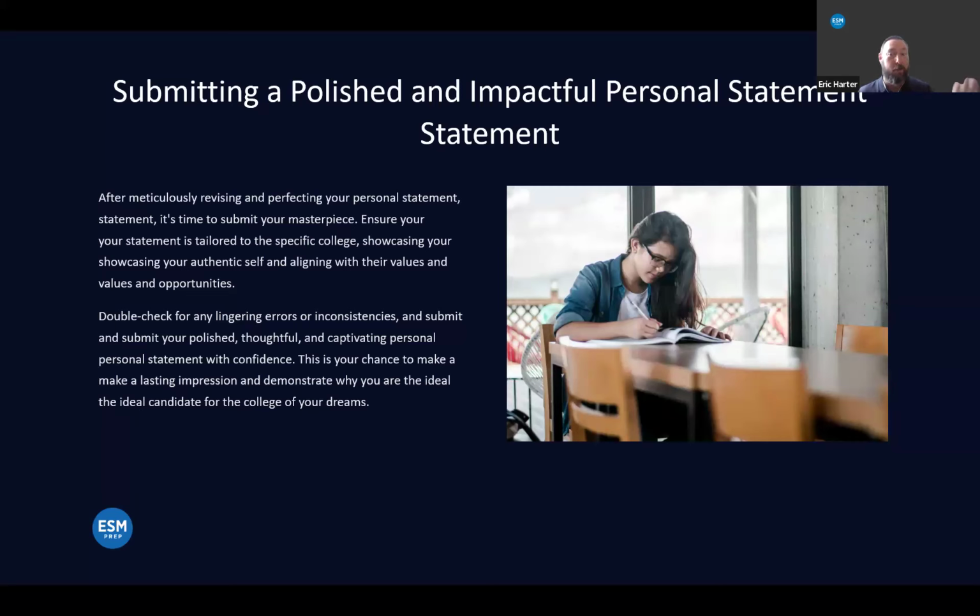So not only is it polished coming off the Google Doc, but once you put it into Common App, the formatting looks great too, because Common App makes that a little bit fun. But overall, that can really make sure that you are submitting that essay that you're really proud of and that you're really excited to send to colleges, because that's really the important piece of the puzzle.